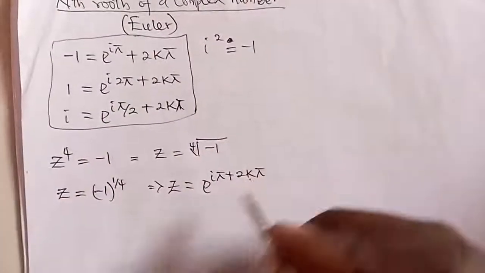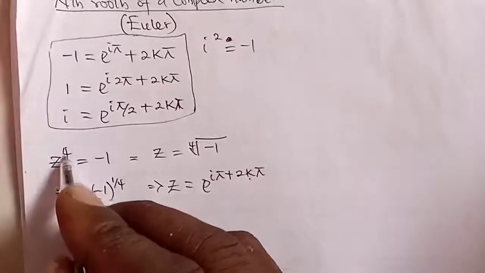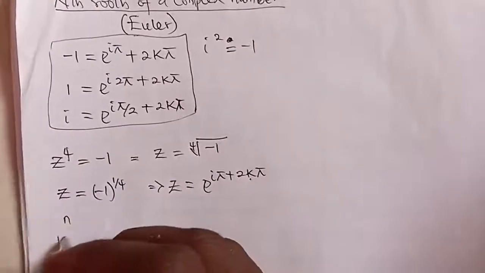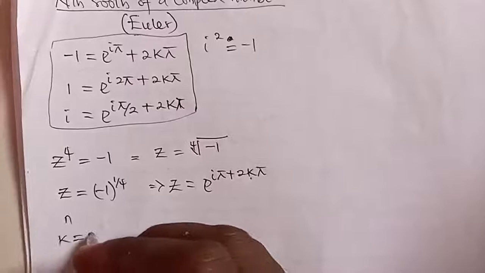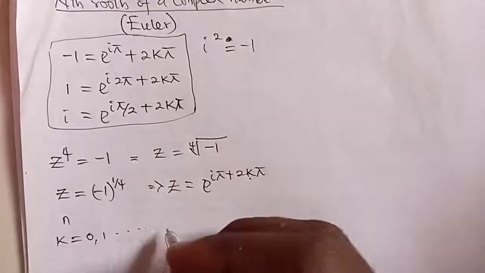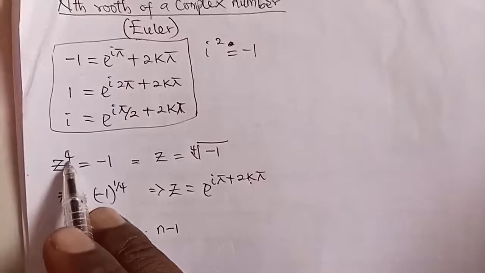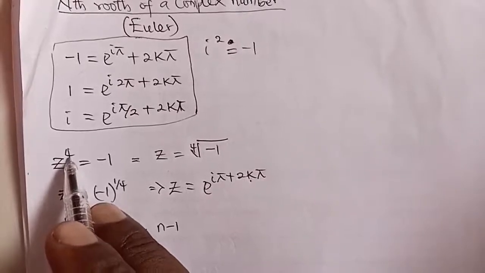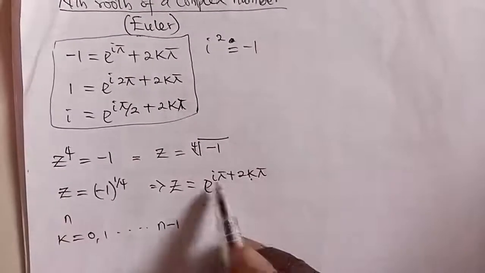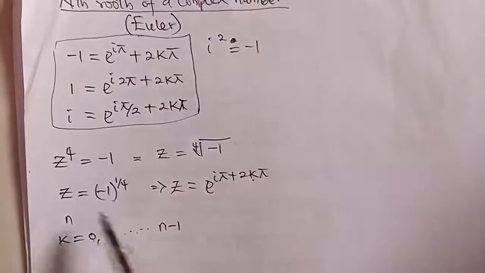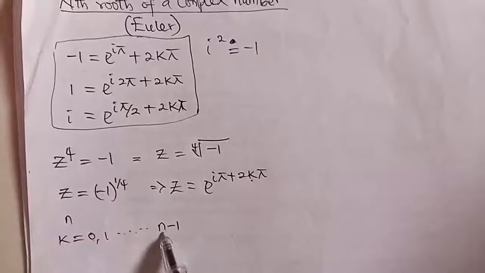K ranges, if we say n is the power, from 0, 1 until you get to n minus 1. In this case, we have 4 to be n, so the value for k is going to range 0, 1, 2, 3, because 4 minus 1 is equal to 3.